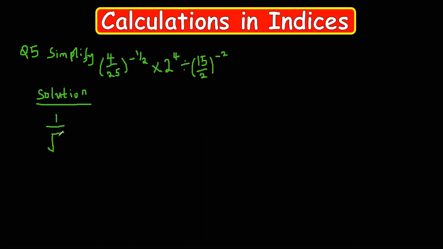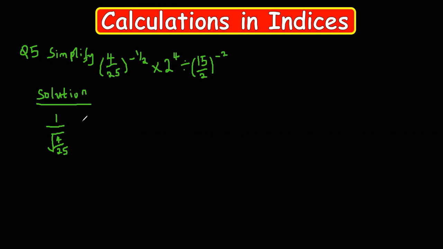So 4 over 25. Again, I have explained this in my video on the law of indices, why it is like this. Please watch the video for better understanding. But if you know what happens here, I think it's okay. It is not magic. We are going by the rules.